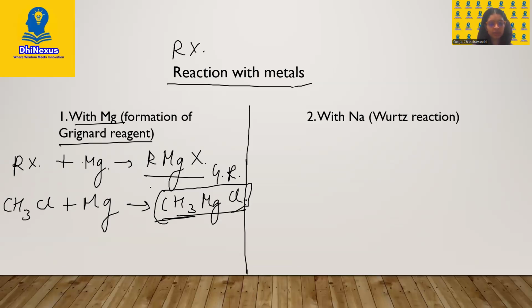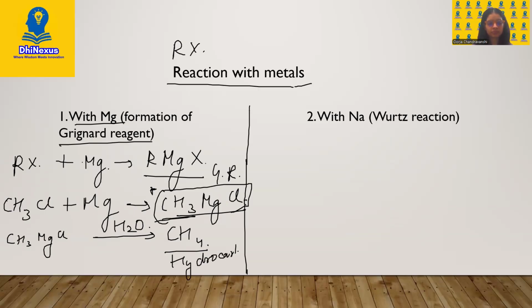One thing to note about Grignard reagents, however, is that if I am reacting them with even a trace of proton, then what I get is a hydrocarbon. So even a trace of proton can lead to reduction and I will get a hydrocarbon.